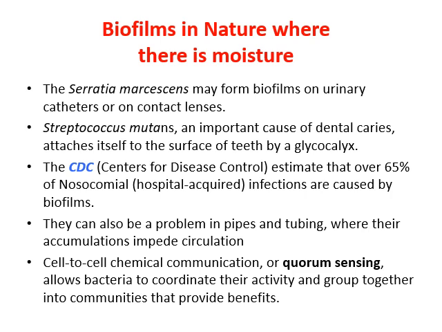Most of the time it's a very resistant type of microorganism to deal with, and they found that most of the time it is caused by biofilm forming organisms. They can also be a problem in pipes and tubing where their accumulation impairs circulation. That means that it plugs or stops the flow of water inside the water pipes.